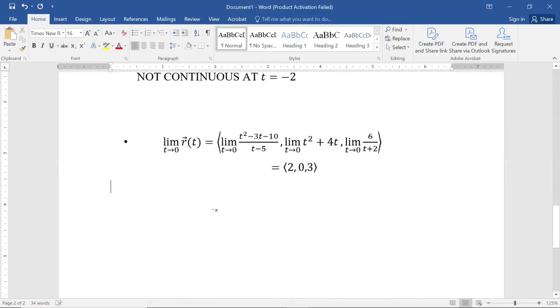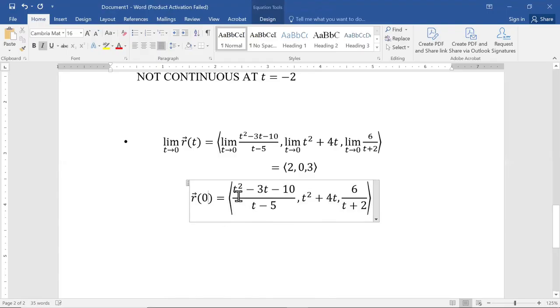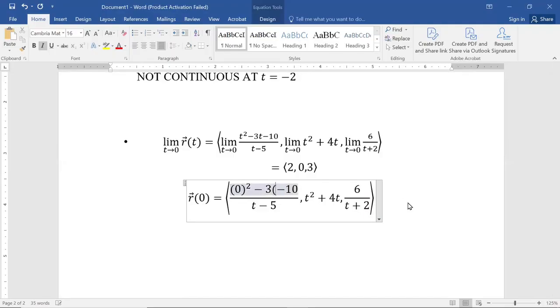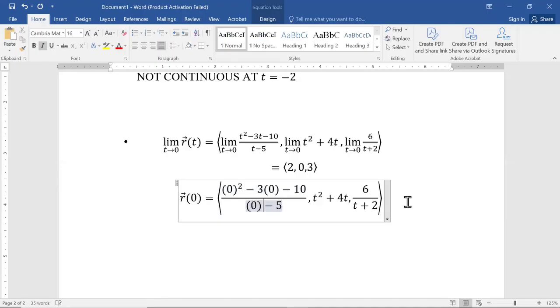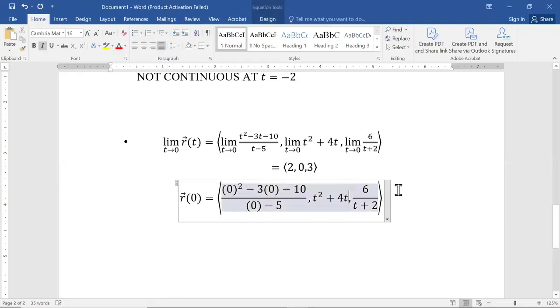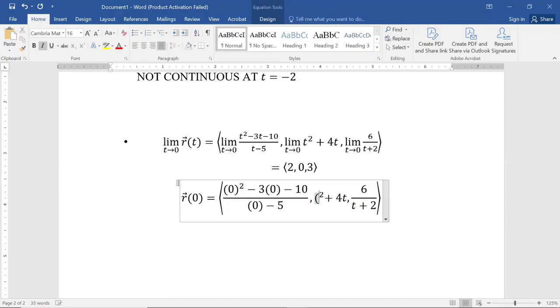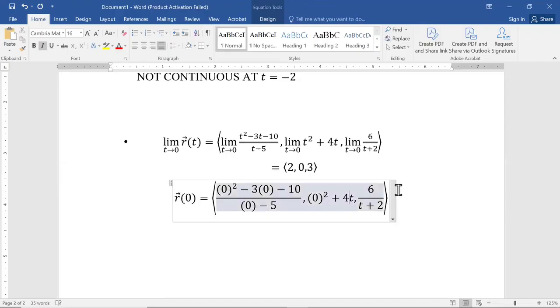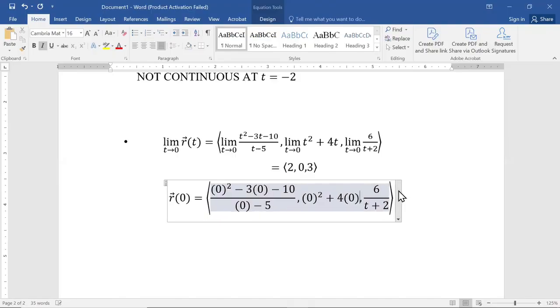And then lastly, we'd plug in 0 into my vector valued function. When I do that, for my x component, I get, well, lots of zeros.